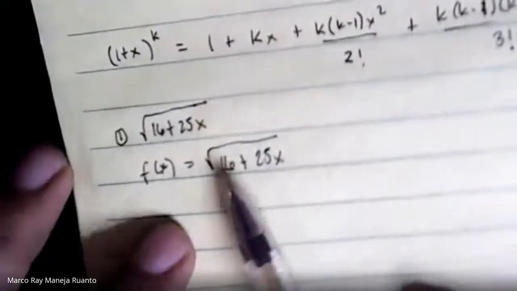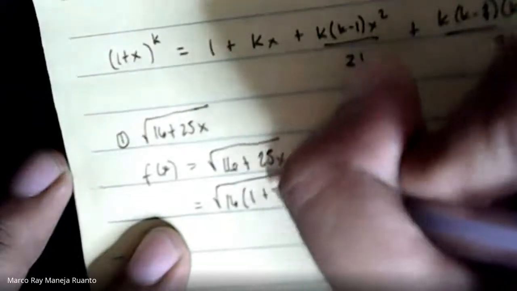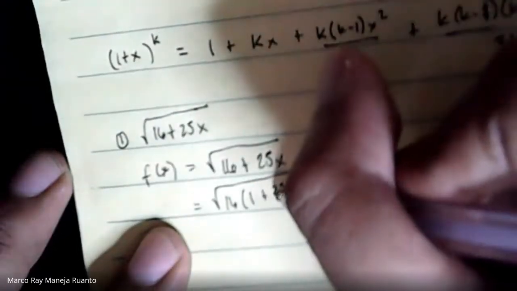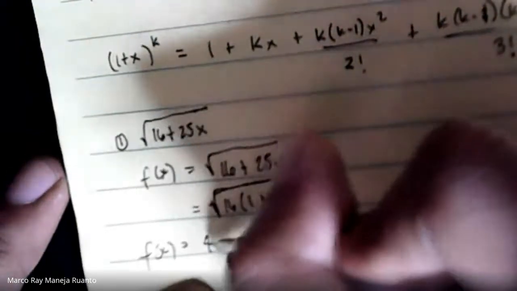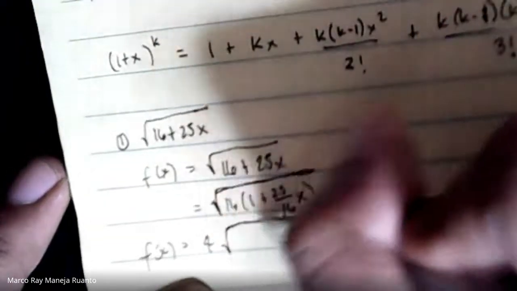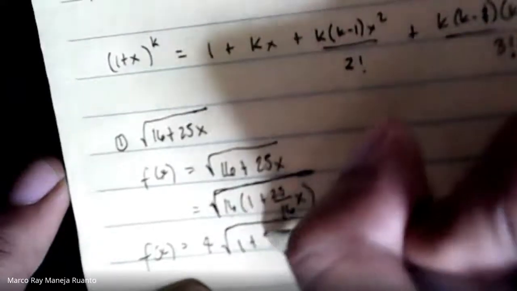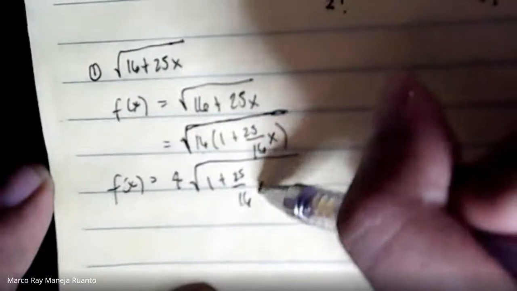We can factor out 16 here, so we have 16 times 1 plus 25 over 16 x. Therefore, f of x is equal to the square root of 16, that is 4, times the square root of 1 plus 25 over 16 x.